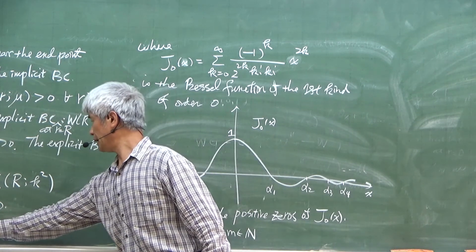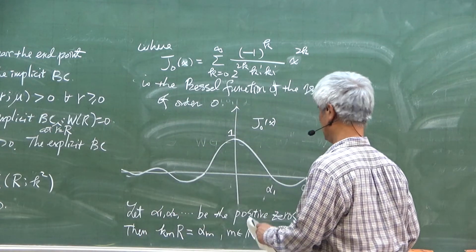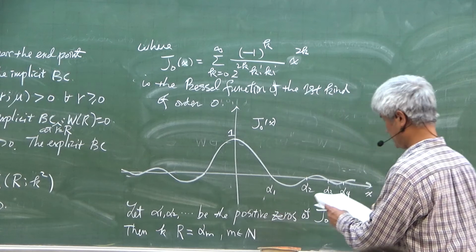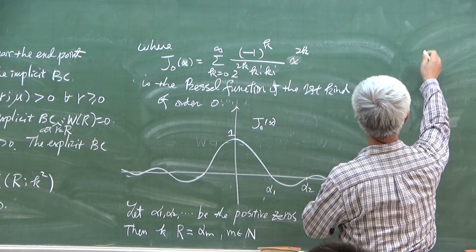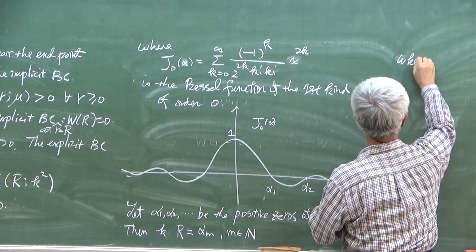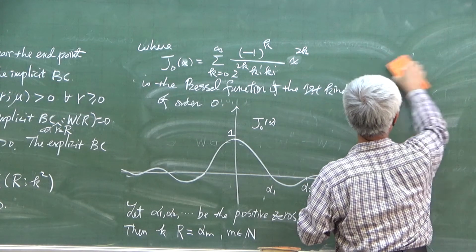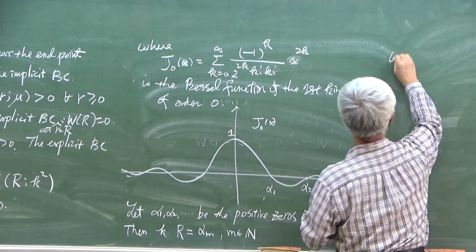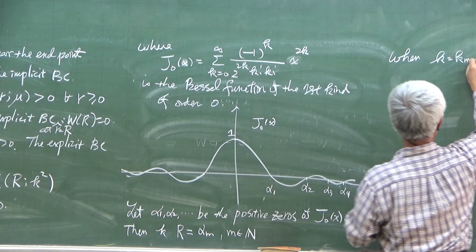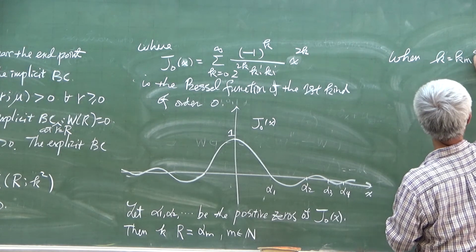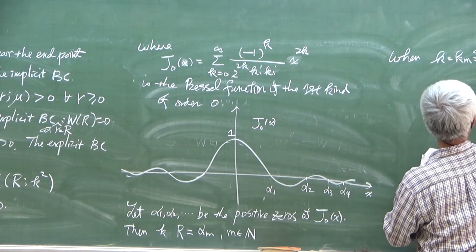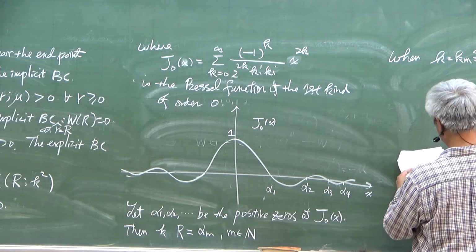Okay, so kR, actually k should be, so the solution, so when k equal to k_m, and k_m is defined to be alpha_m divided by R, okay?